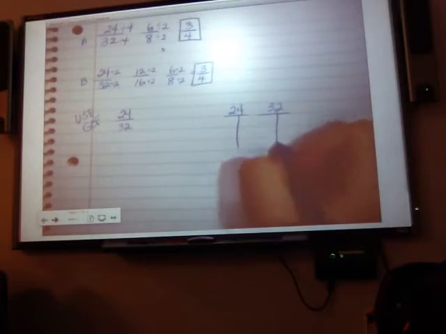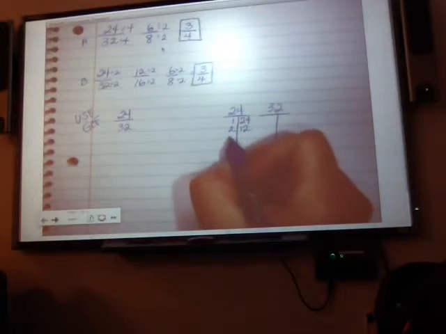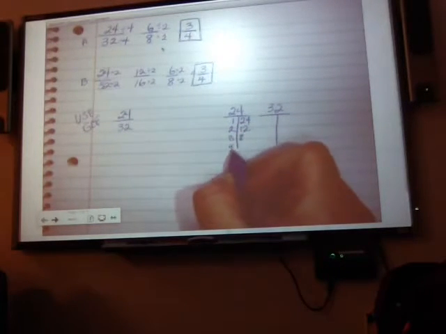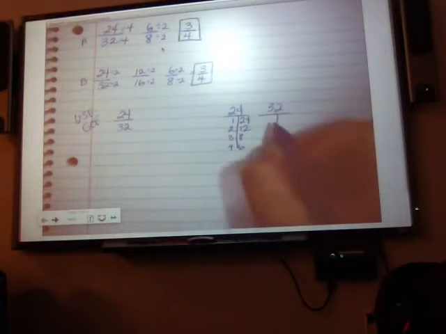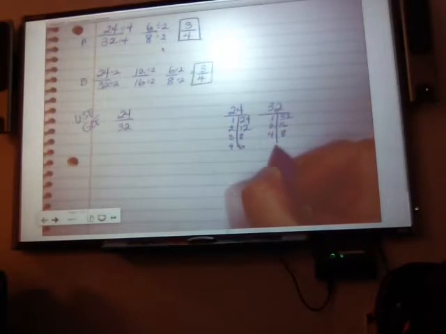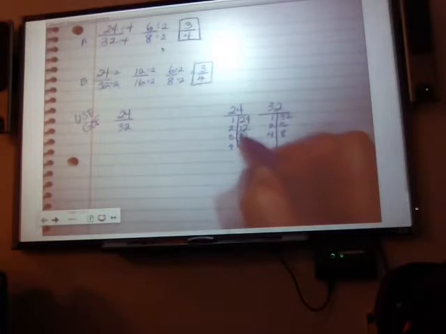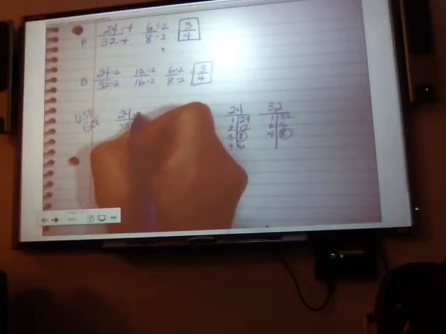I know that this is divisible by 2, divisible by 3, divisible by 4, divisible by 1, because every number is divisible by what? 1. 2 is not, 4 is, 5 is not, 6 is not, 7 is not, 8 is not. So I go through and look at my factors, and you know what? 8 is my largest.